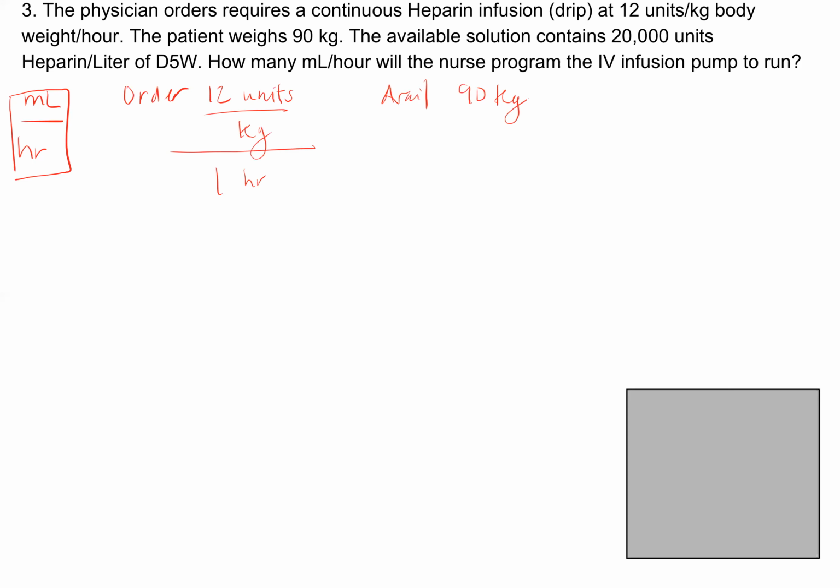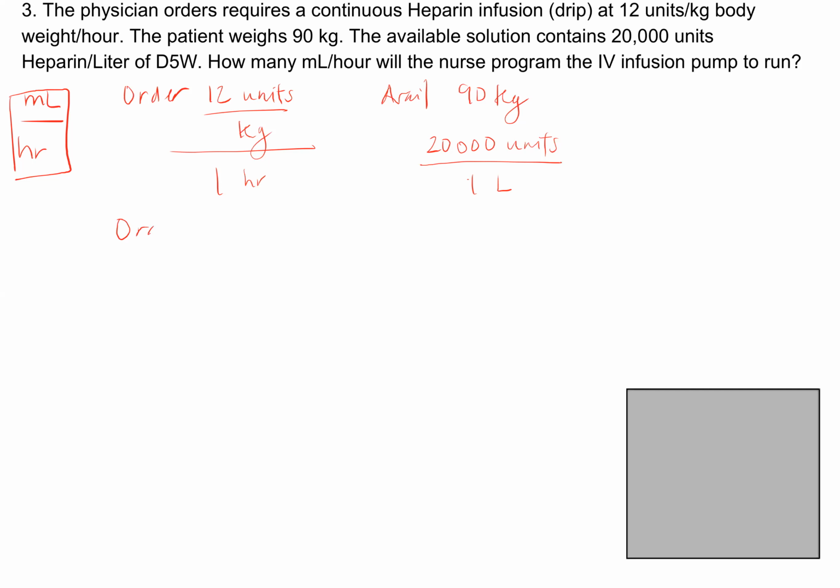And we also know that what's available is 20,000 units of heparin per 1 liter of D5W. So in our order we have units, kilogram, and hour.